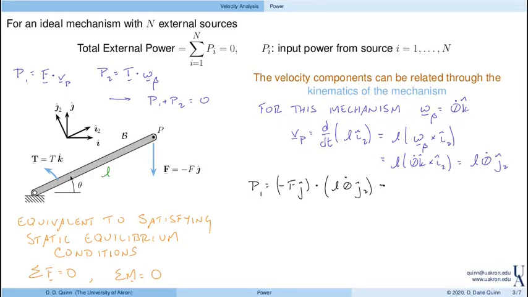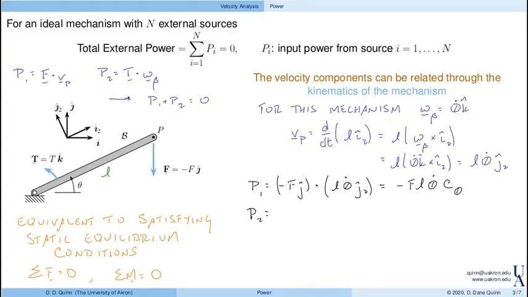So when I go and work out these cross products, maybe you could pause the video right now and figure out what J2 is in terms of I and J. It's relatively straightforward. We've done this 1,000 times. We end up finding that this becomes minus F L theta dot times cosine of the angle, right? J2 here is minus sine theta I plus cosine theta J.